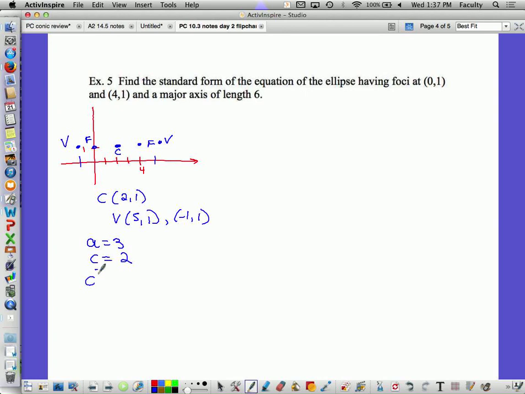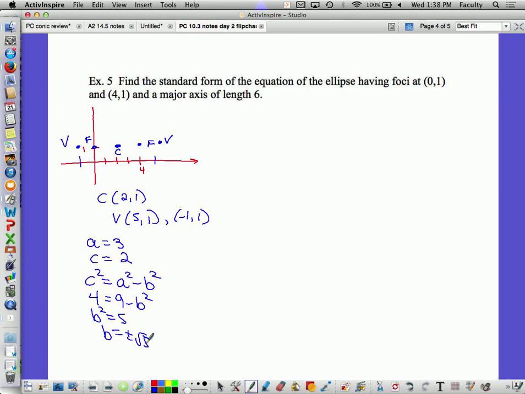So she's absolutely right. c squared equals a squared minus b squared. So 2 squared equals 9 minus b squared. I know 2 squared is 4. So I would get b squared equals 5, and b is plus or minus radical 5.